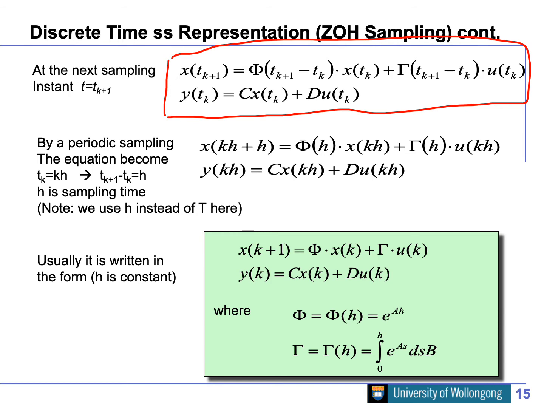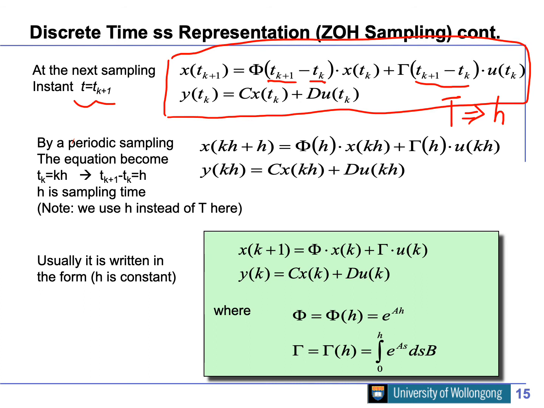And like I said, we're particularly interested in the time between the current sampling time and the next sample. So this whole thing t is basically capital T. When we do this state space representation, we don't use T to represent the sampling period. Actually, we use h, just to avoid confusion, because capital T in matrix representation normally represents a transformation matrix.